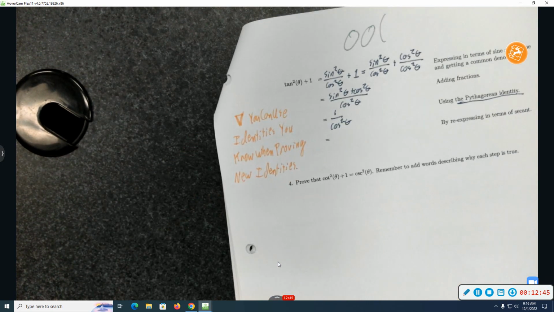If there's an identity you already know, you can use that when proving any new identity. We already know the Pythagorean identity is true, so we can use it.